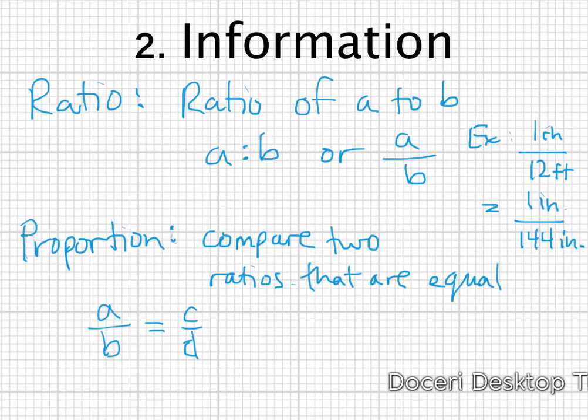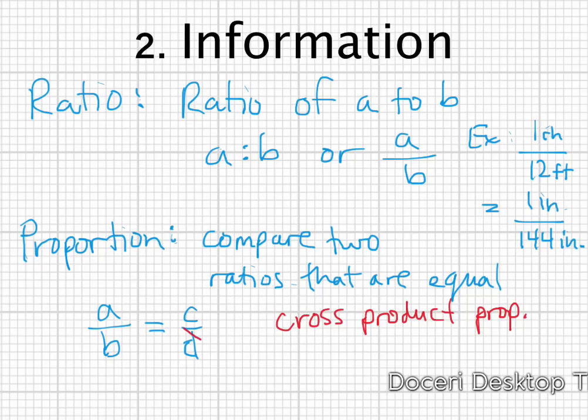Now there is something that I need to note here, and that's called the cross product property. You might remember this from Algebra 1. The cross product property basically says if I multiply the values in my proportion across the equal sign diagonally, I should still get a true statement.